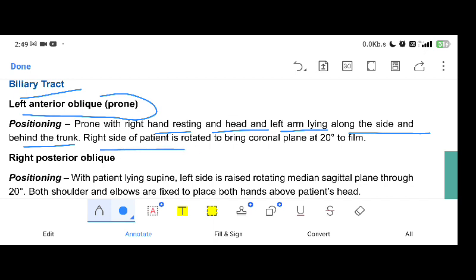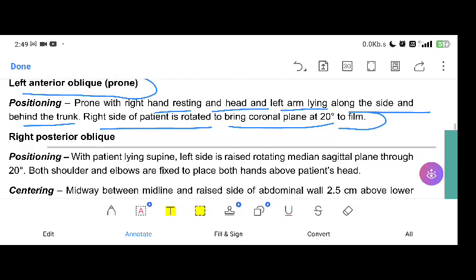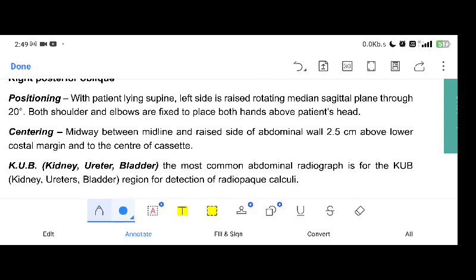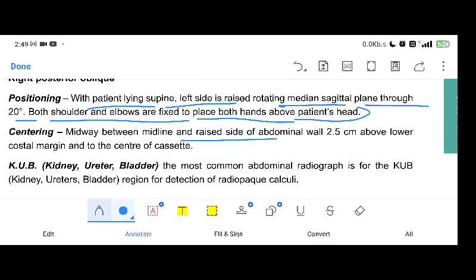The right side of the patient is rotated to bring the coronal plane to 20 degrees to the film. For the right posterior oblique view, the patient lies supine and the left side is raised, rotating the median sagittal plane through 20 degrees. Both shoulders and elbows are flexed to place both hands above the patient's head. Centering is midway between the midline and the raised side of the abdominal wall, 2.5 centimeter above the lower costal margin, and to the center of the cassette.